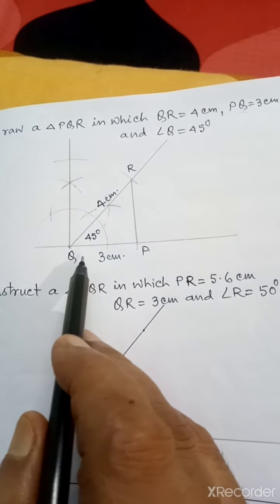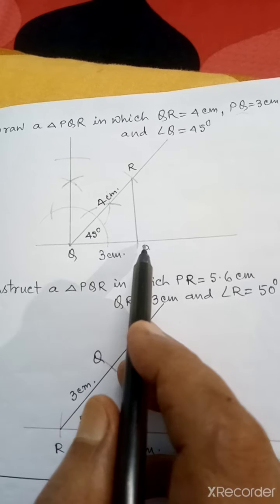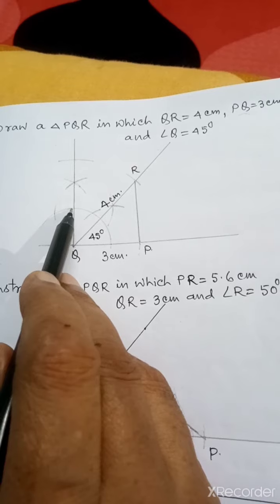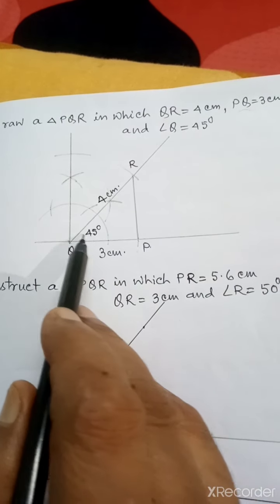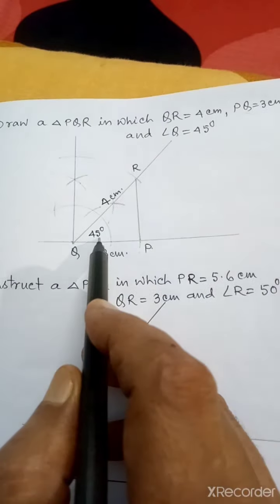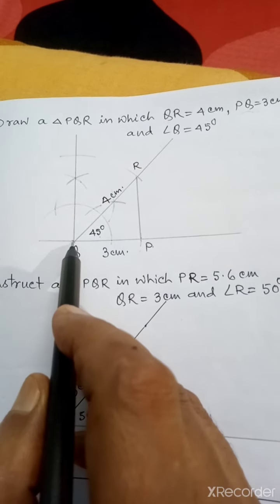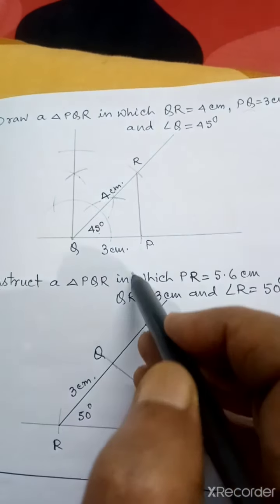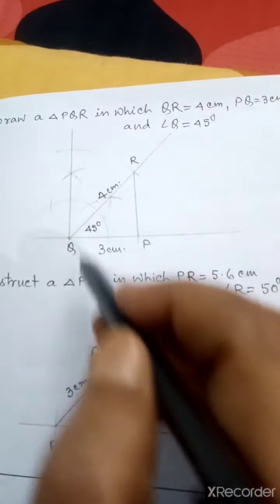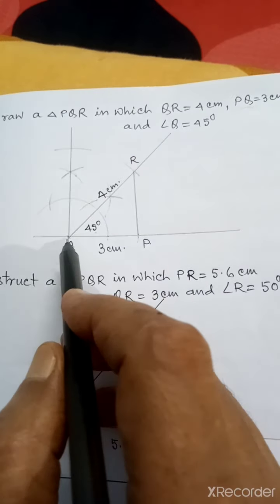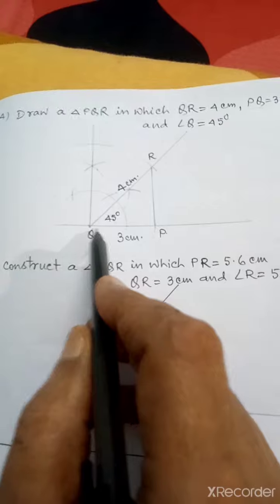First of all, draw angle 90 degree, then bisect the angle 90 degree. You will get a 45 degree angle. In angle PQR equal to 45 degree, then QR equal to 4 centimeter, join PR. PQR is the required triangle.